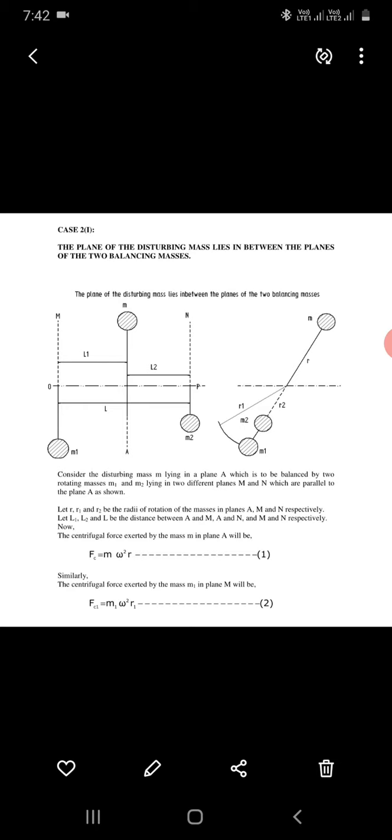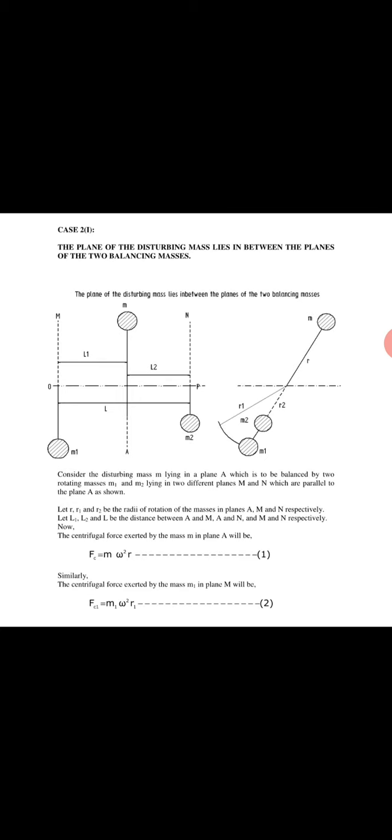They are separated by L1 and L2 on the planes M and N. The disturbing mass is at the plane A, and the overall length between the two balancing masses is L. The disturbing mass has mass M with the radius R, and the balancing masses are M1 with the radius R1 and M2 with the radius R2.